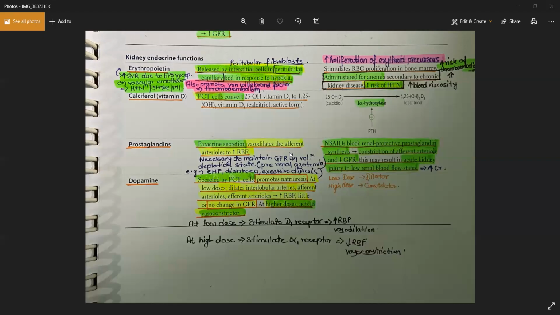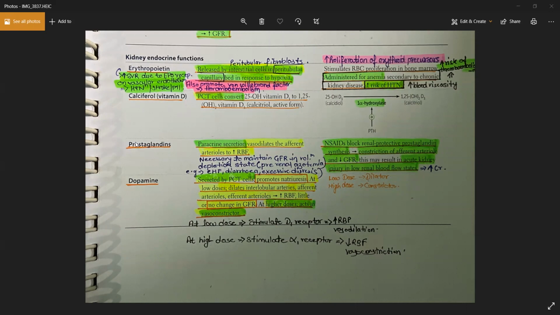I told you about the PTH hormone and this 1-alpha hydroxylase. Where is it present? PCT cells. Don't forget that you have PCT cells that secrete the 1-alpha hydroxylase. See, the peritubular fibroblasts secrete the erythropoietin, and the PCT cells themselves secrete the 1-alpha hydroxylase that converts this vitamin D into the activated form whenever the PTH is present.